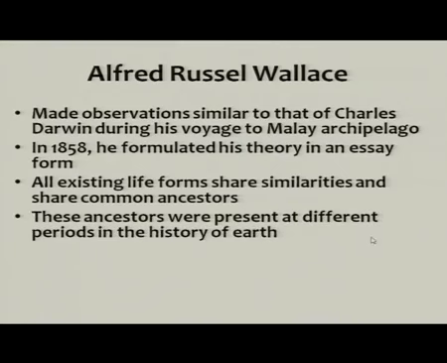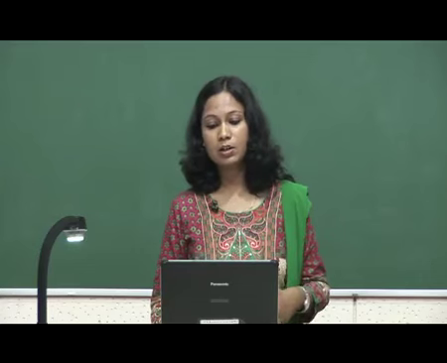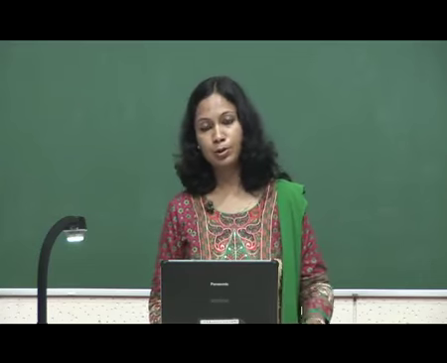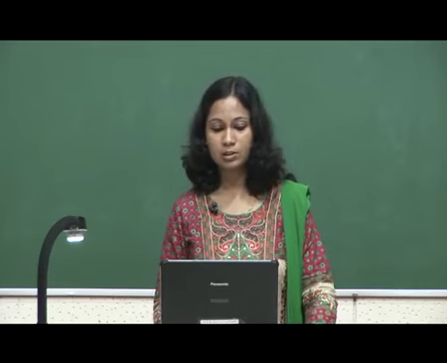These ancestors were present at different periods in the history of earth. We know that earth has evolved, life has evolved since the origin of first life, and the ancestors may have been present at different periods of time, but they share common ancestors.